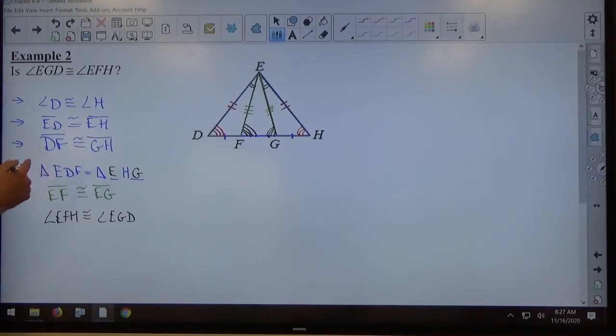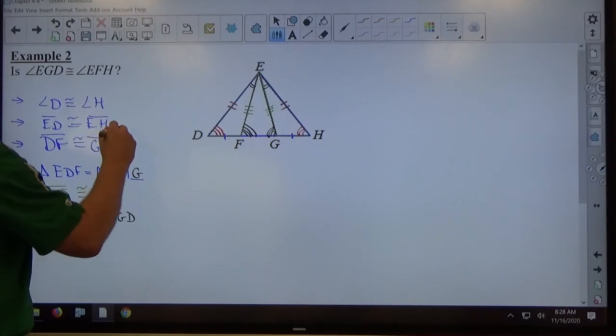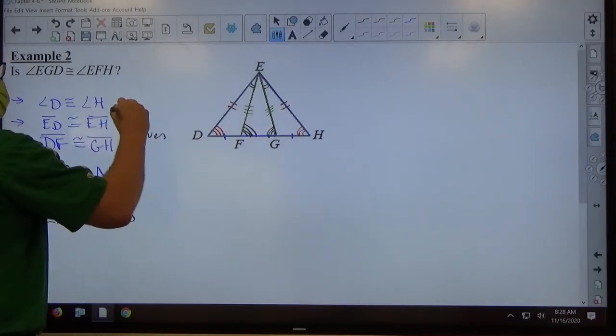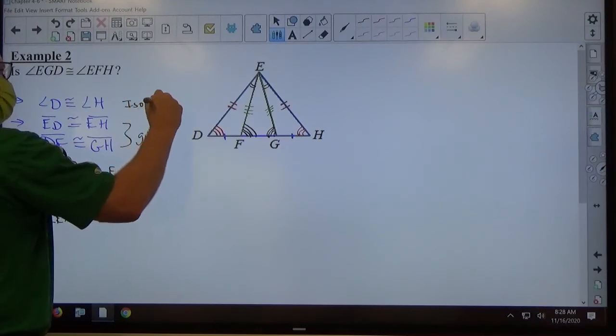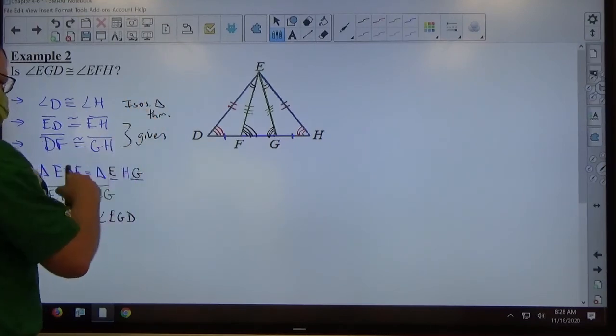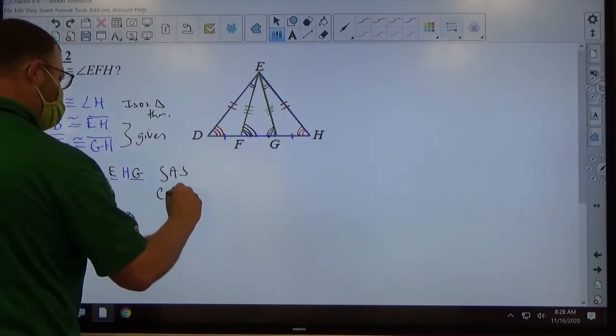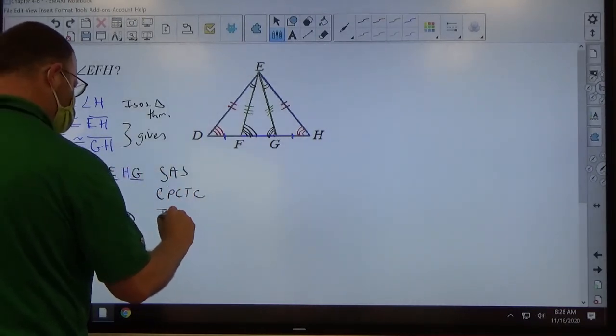Again, it's not a formal proof, but if you just take a look at what's going on here, this is given here. This is isosceles triangle theorem. This is side angle side. This is CPCTC. And this is isosceles triangle theorem.